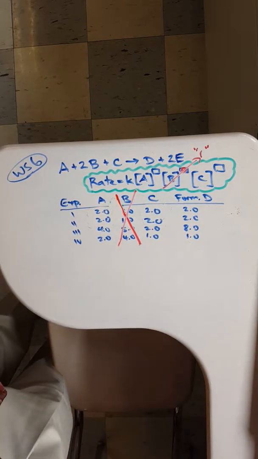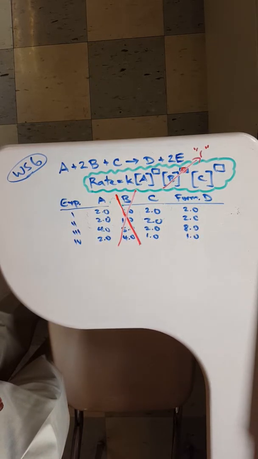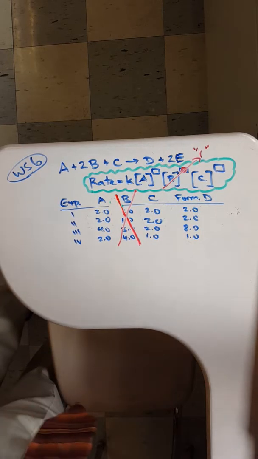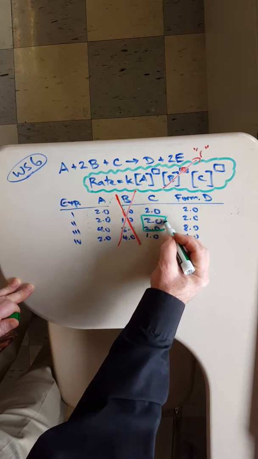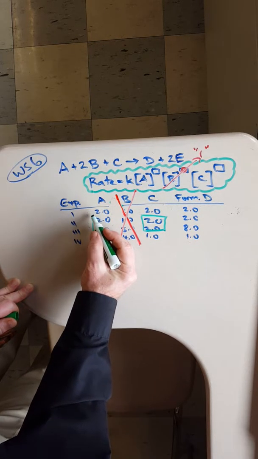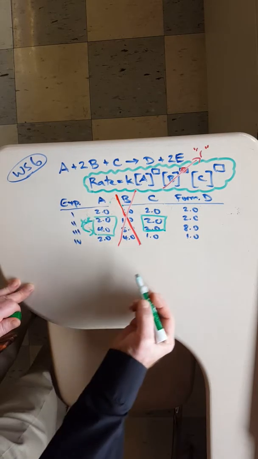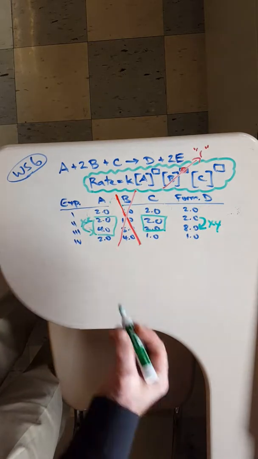Okay. Now I look for a series of experiments where I changed only A or only C. If I look at experiments 2 and 3, C did not change, but A did. I doubled A. What happened to my rate? It went times 4.